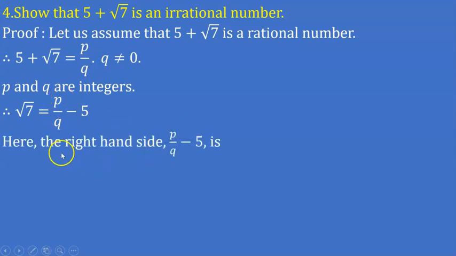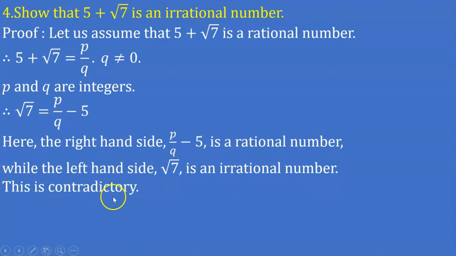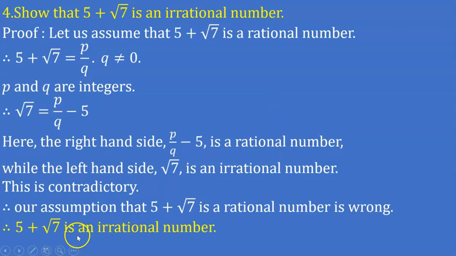Now the right hand side, p upon q minus 5, is a rational number, and rational equals irrational is not possible, while the left hand side, root 7, is an irrational number. This is contradictory. Therefore, our assumption that 5 plus root 7 is a rational number is wrong, and hence 5 plus root 7 is an irrational number.